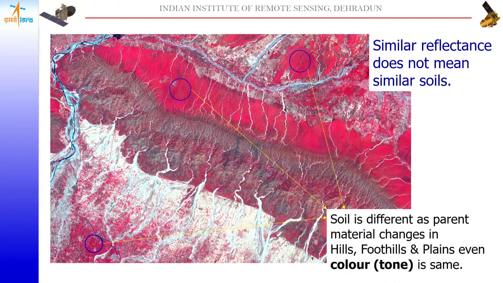So here, both places are forest, but one is hill and the other is plain land. So topography changed, and because of that the soil will change. So you can say similar reflectance will not result in similar soils. It may be true where you are preparing a land use land cover map.